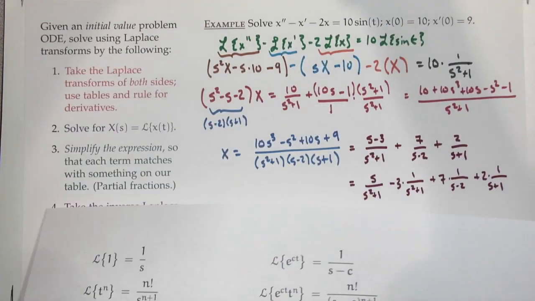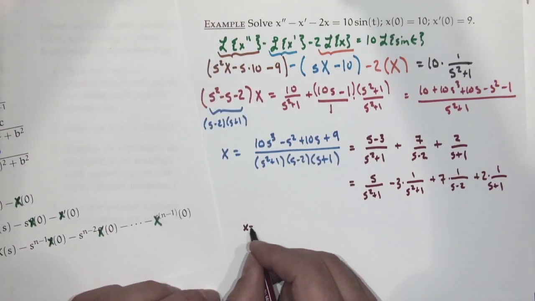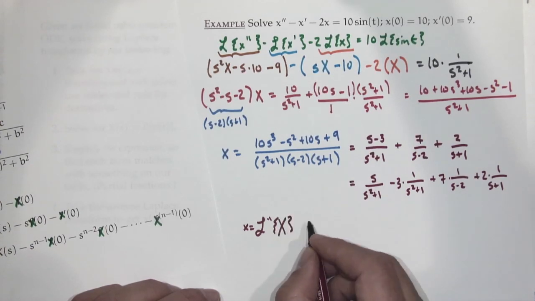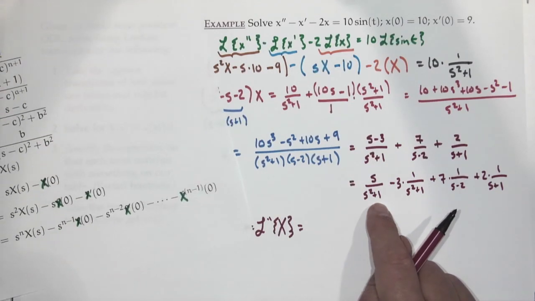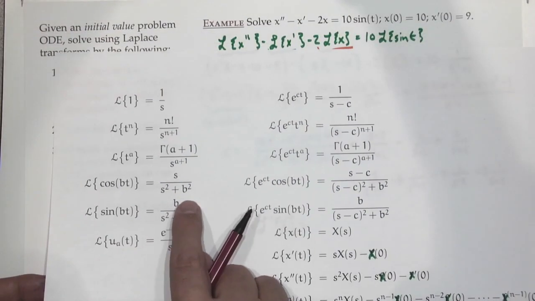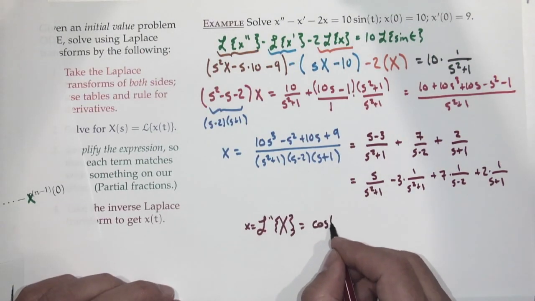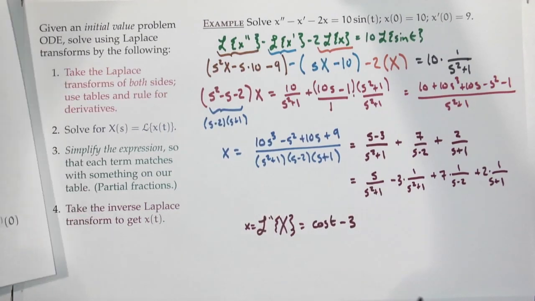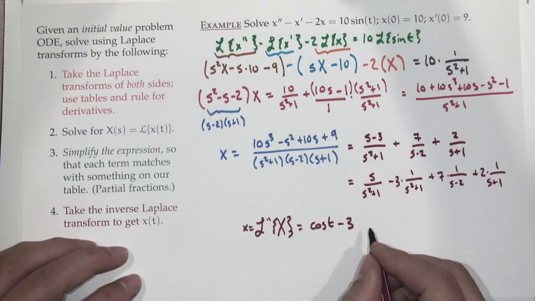So we want to separate. All right, so let's go through. S over s squared plus 1. Is that on our table? Well, it is. What is the inverse Laplace of s over s squared plus 1? Cosine. So we have cosine t minus 3. The inverse Laplace of 1 over s squared plus 1, sine t. So minus 3 sine t.